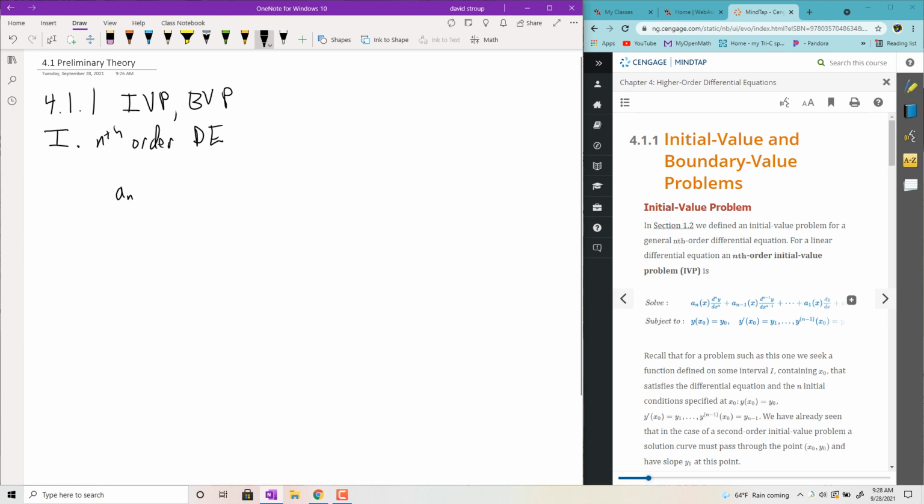And we've seen this before with regards to first order linear differential equations back when we did the integrating factor problems. Okay, so it's basically just that, but now with higher order.